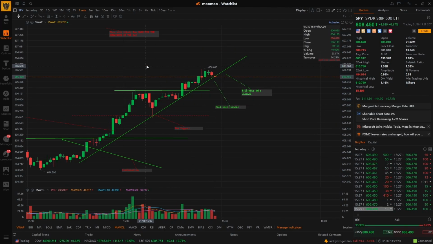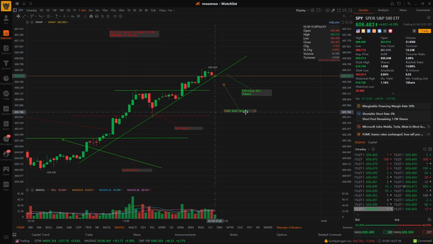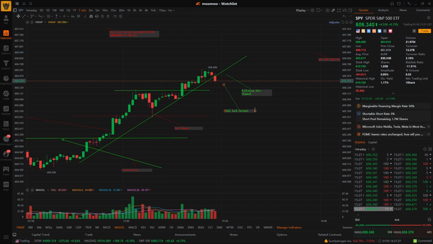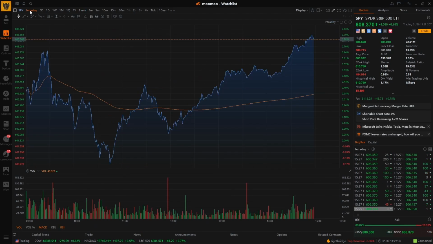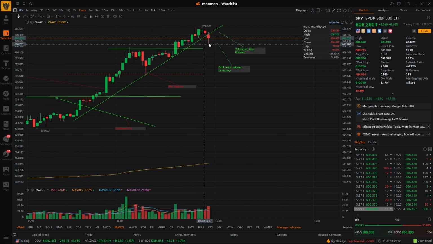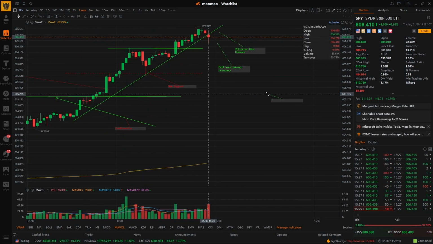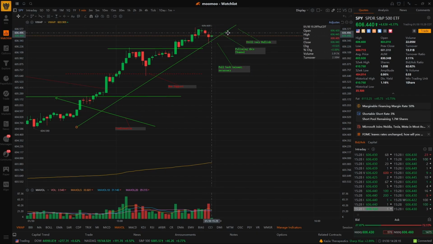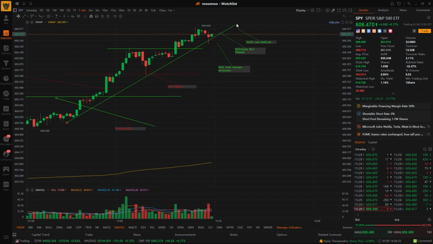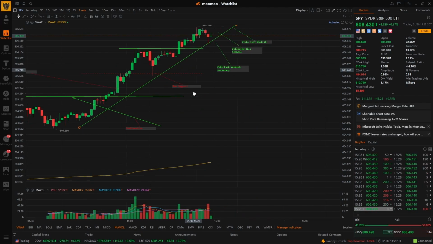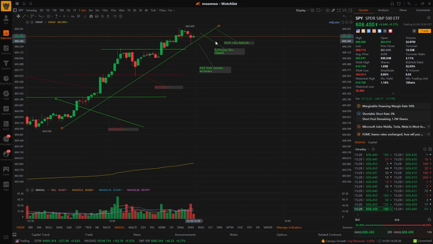Pullback imminent. Eventually, I will get to a point where I do say that this is a failed trend. But it's going to go down. It's going to pretty much test the support, and that's when we're going to know. That's when we know that this is going to keep going down.